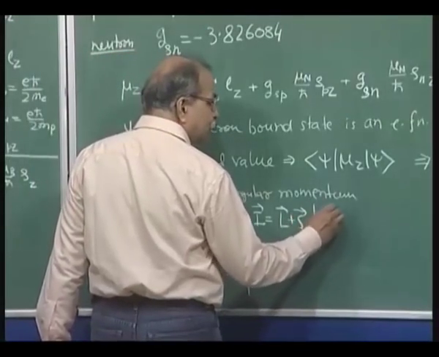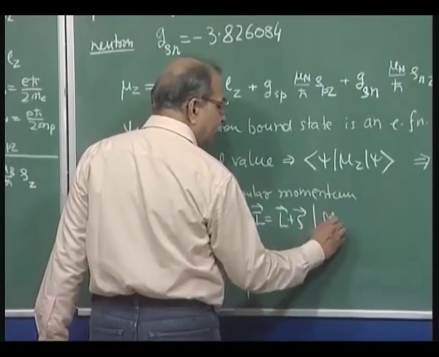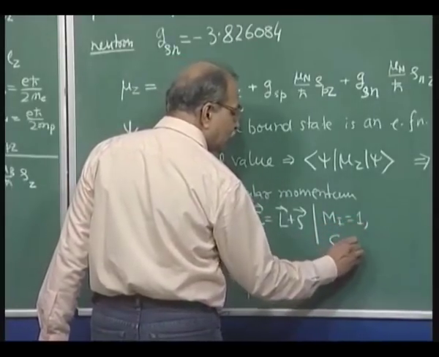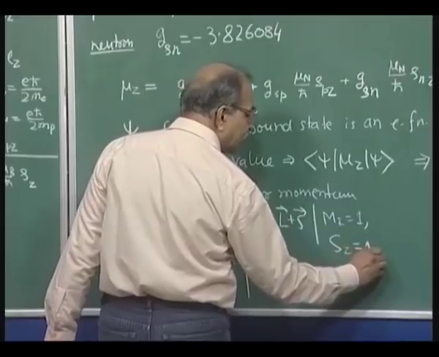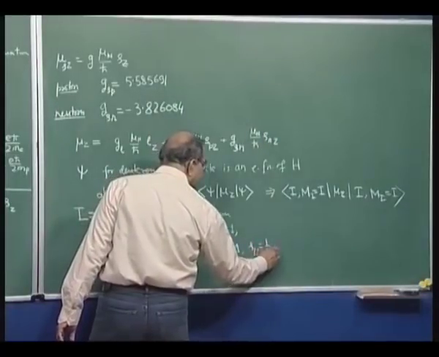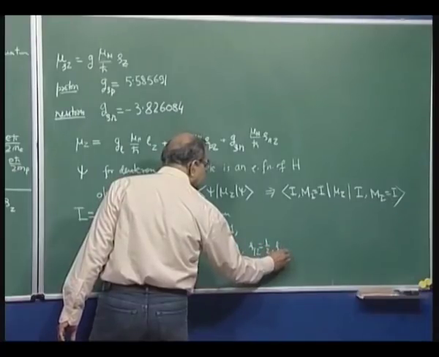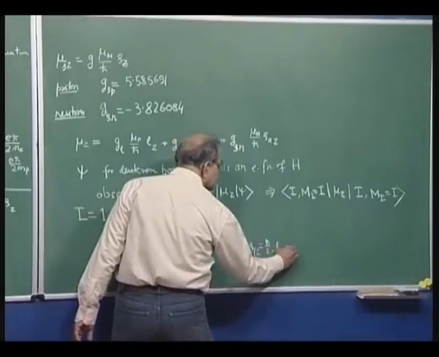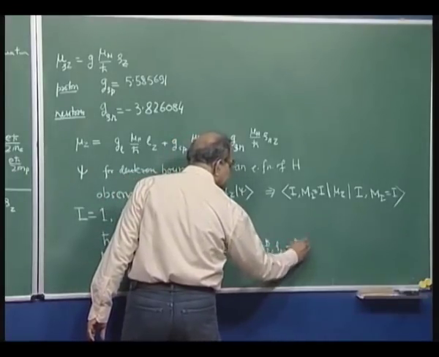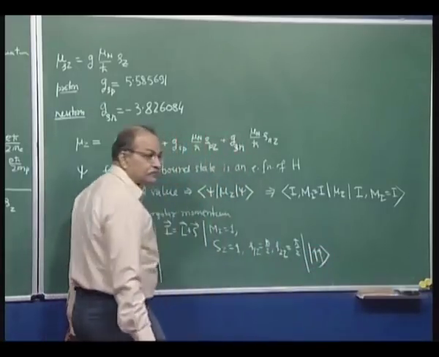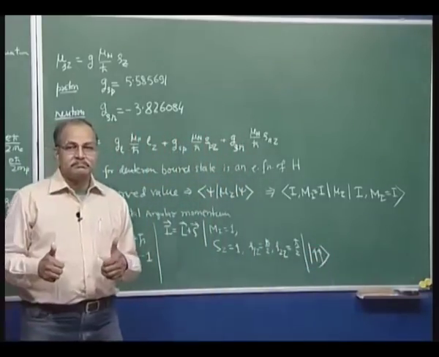So, s is 1, and when I say m I is equal to 1, that means s z is equal to 1, and that will happen when s 1 z is half and s 2 z is half, in units of h cross. This is the state, both spin up.